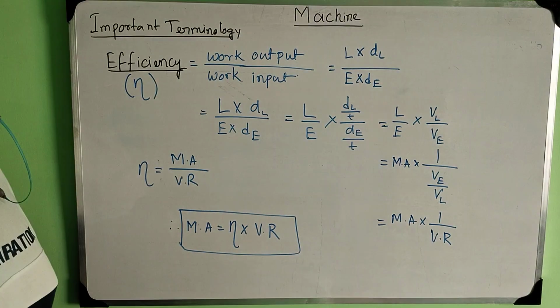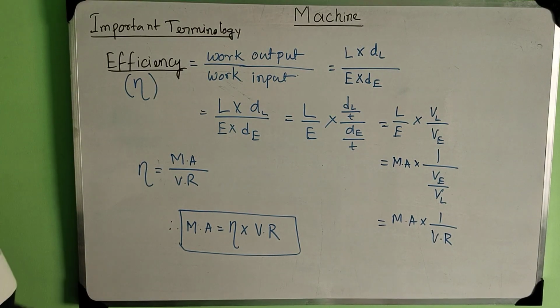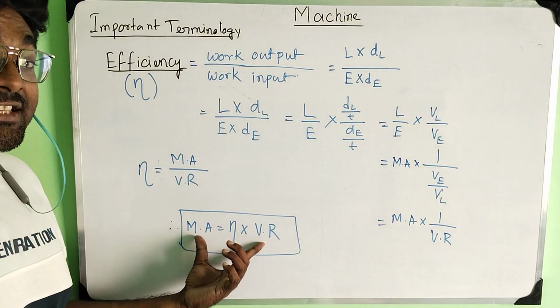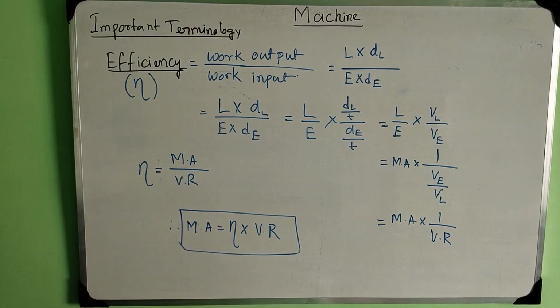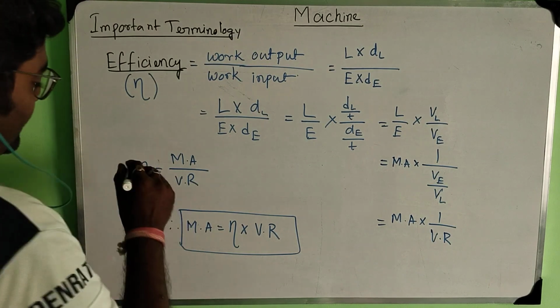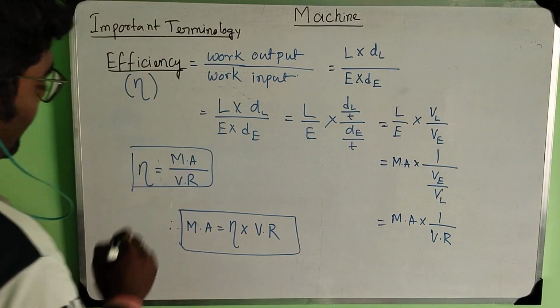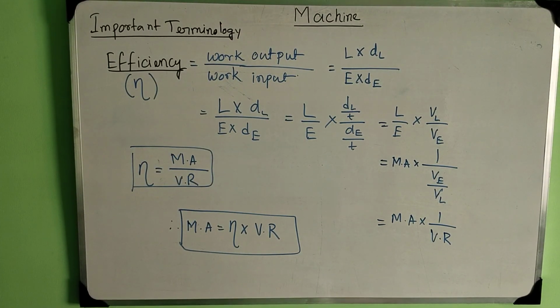Then what is the efficiency of the machine? Just utilize this formula: efficiency means mechanical advantage by velocity ratio. So this is the derivation relating mechanical advantage, velocity ratio and efficiency.